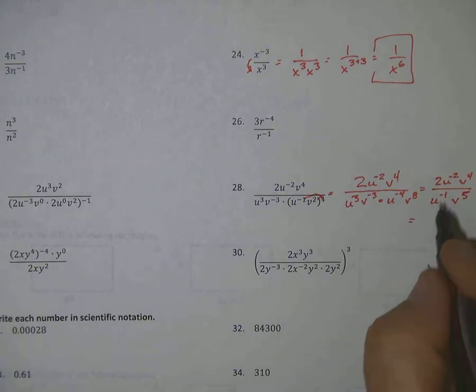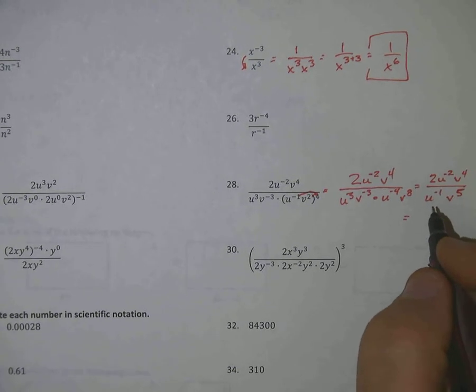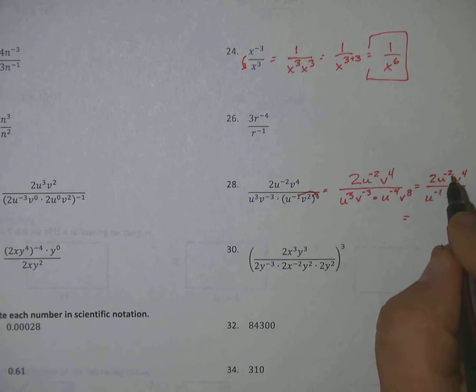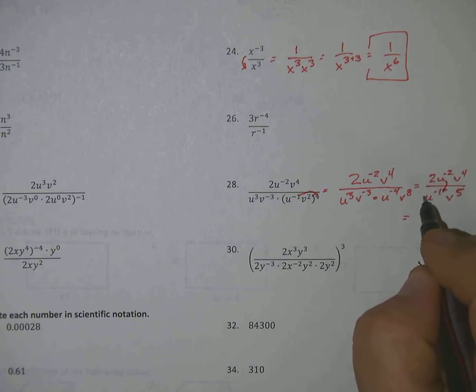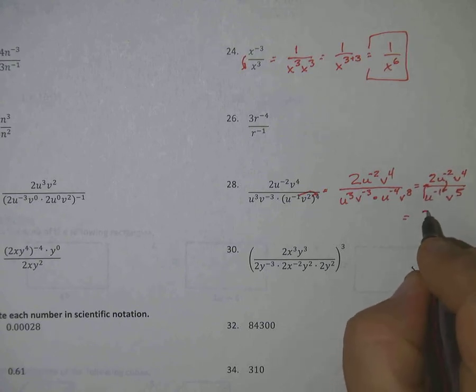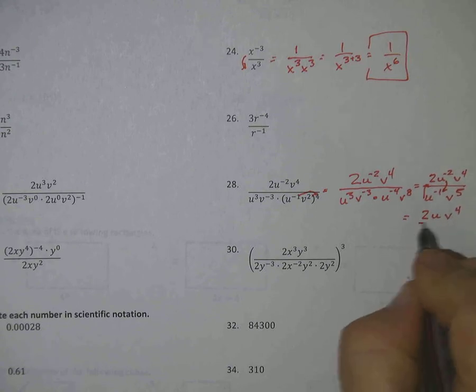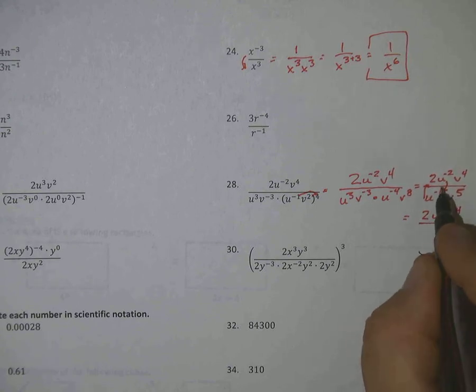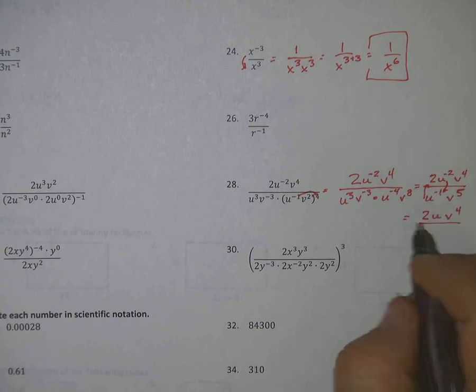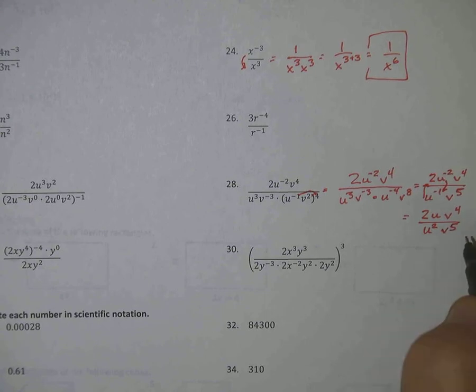And now we can go ahead and move it to where I only have positive exponents. So this u to the negative 2 needs to go down. And the u to the negative 1 needs to go up. So we're going to have 2u, v to the 4th. And on the bottom, basically I just traded where these u's were because I wanted them positive. So that's u squared, v to the 5th.